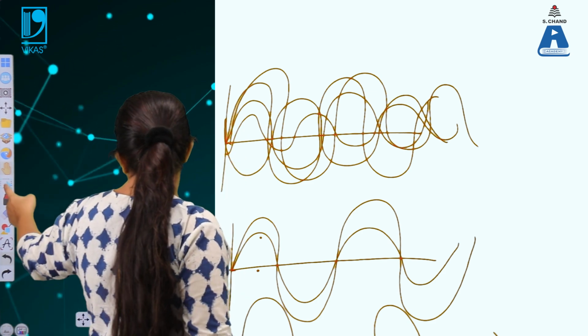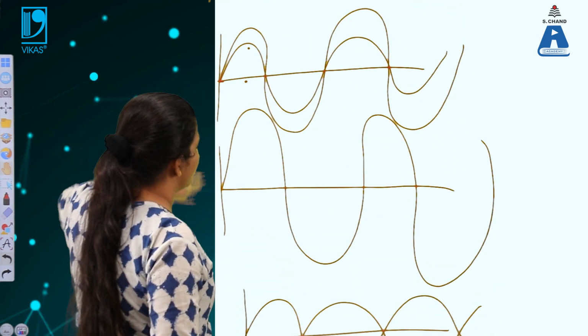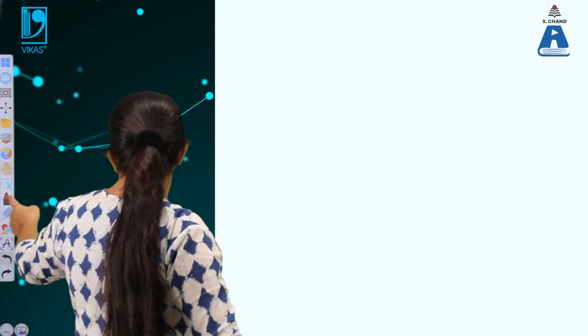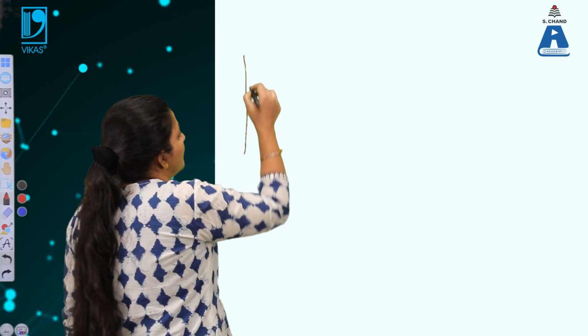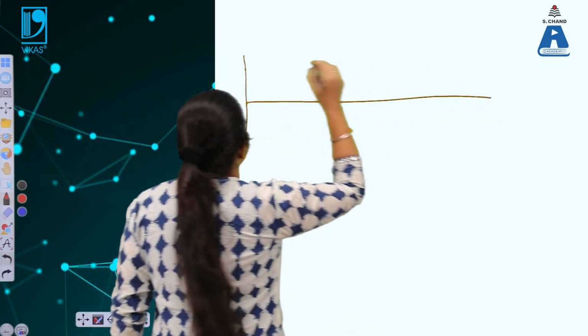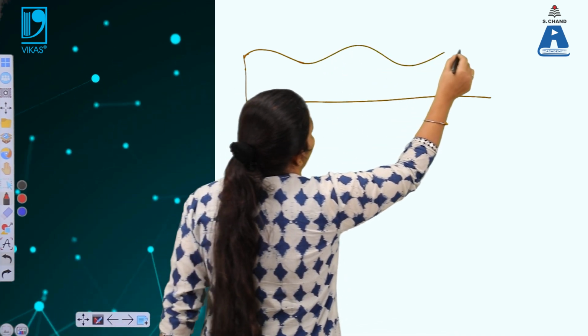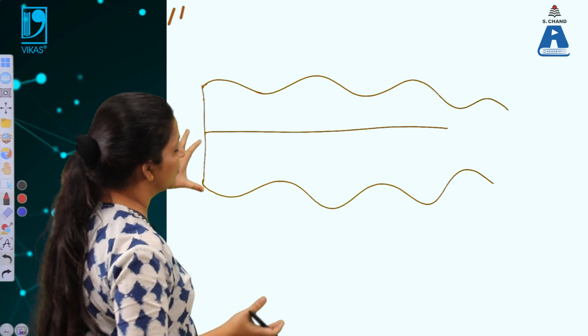Now how can you represent this? It can be represented like this. That means this bunch of waves is equivalent to a single wave, and can be represented like this. So if this is the velocity over here, now this bunch of waves is represented like this.